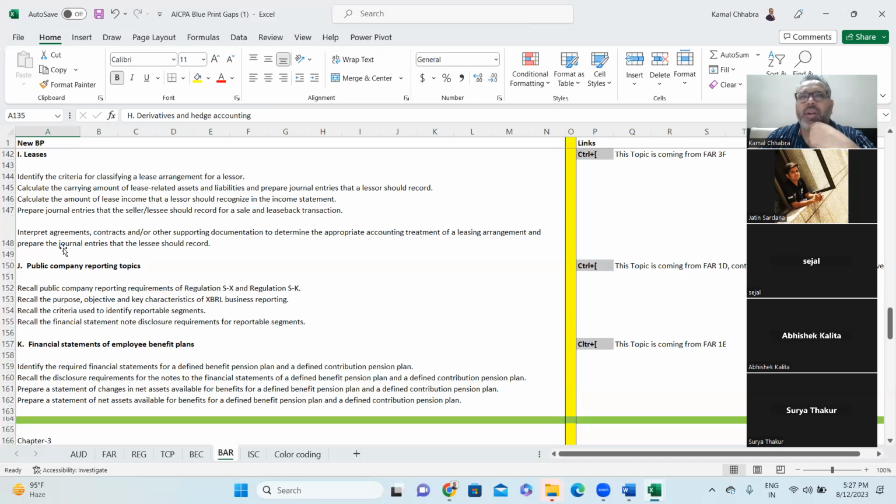Have you heard the term PCAOB? Public Company Accounting Oversight Board, right? And AICPA, I'm sure you are all aware of. Another form is 8K. It is a special events filing with the Securities and Exchange Commission.